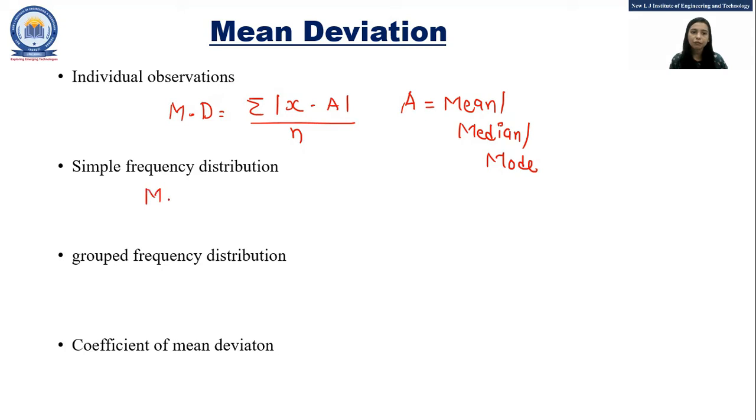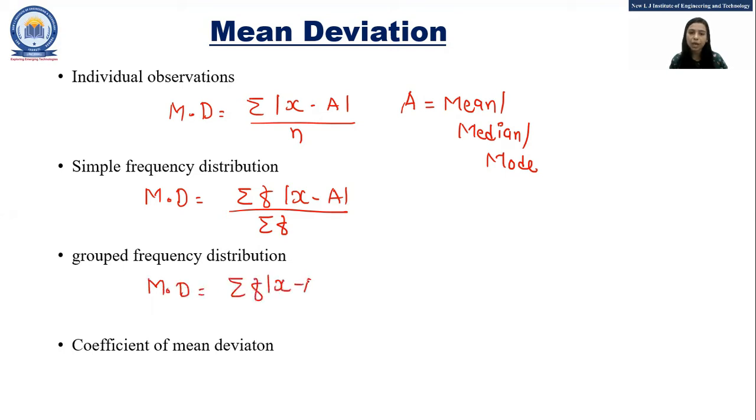Now the mean deviation for a simple frequency distribution is given by sigma f mod x minus A upon sigma f, or we can write capital N. Similarly, for a group frequency distribution, the mean deviation is sigma f into mod x minus A upon sigma f.